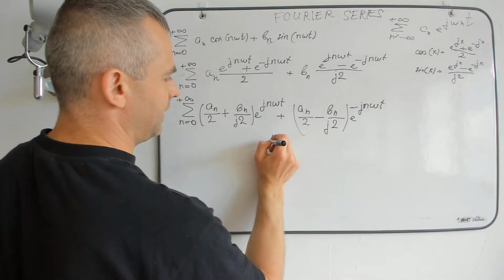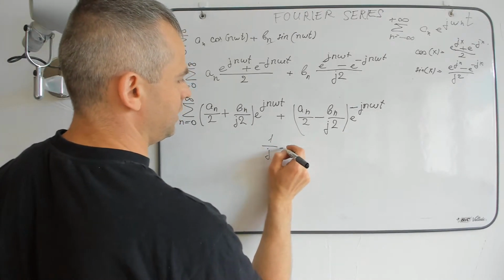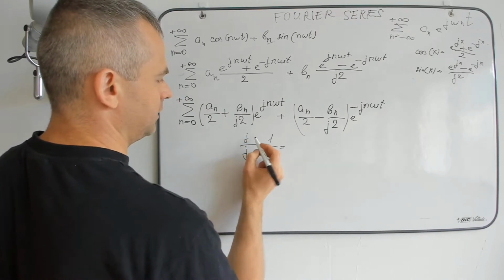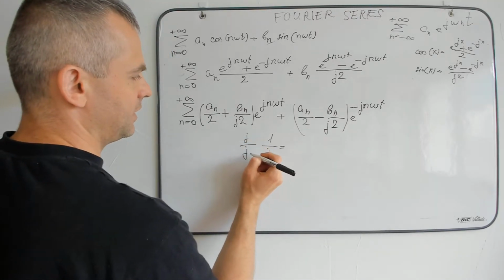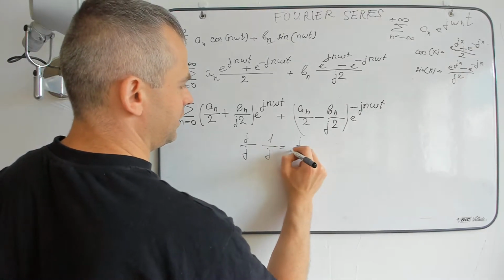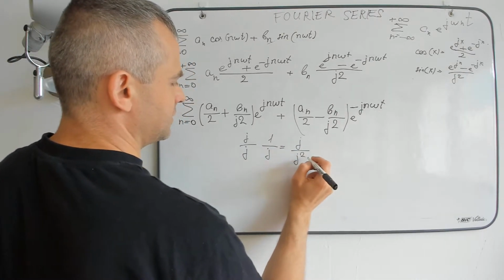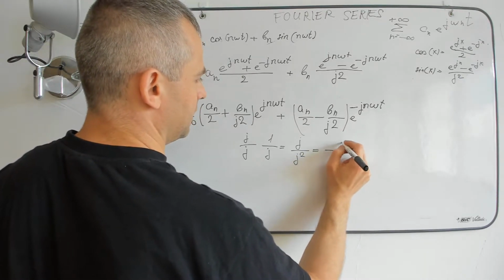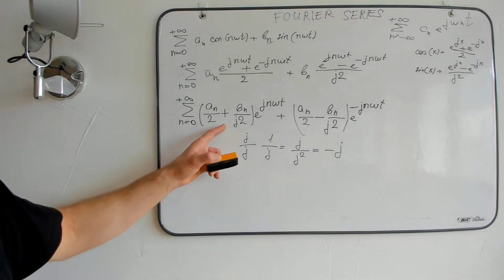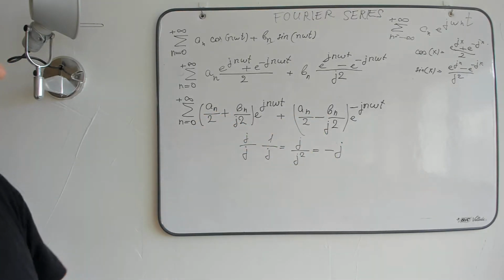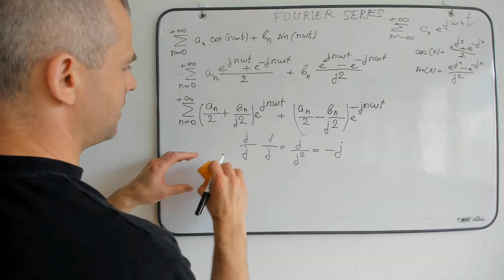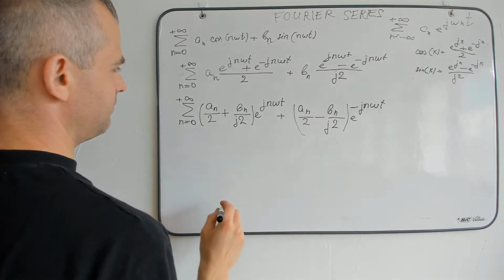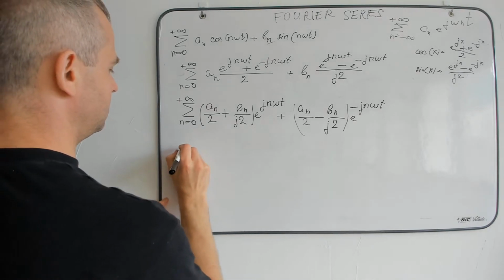I know that if I have 1 divided by j, I can multiply by j divided by j and I'll get j divided by j square, which means we got minus j. So here we'll have minus jbn divided by 2.